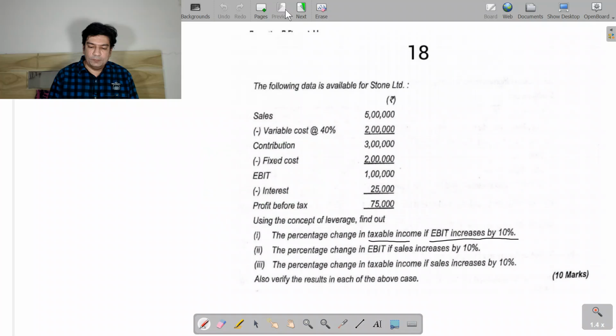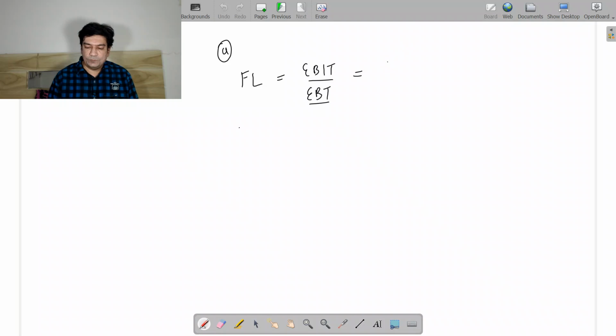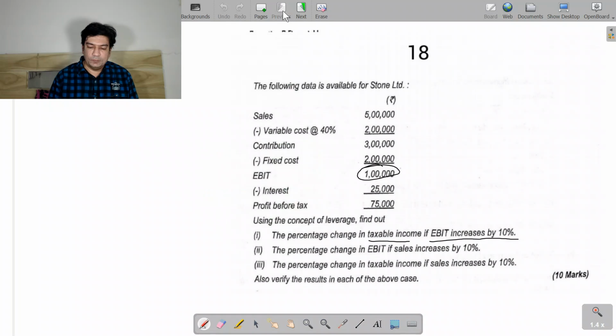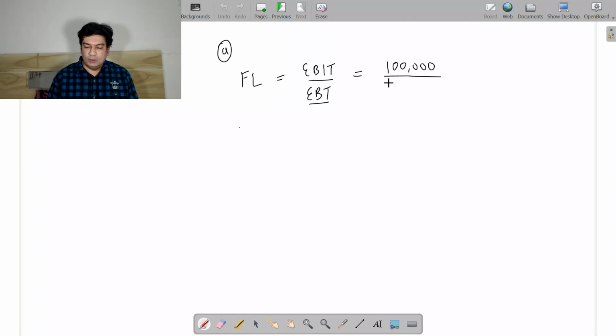EBIT is 1 lakh, and EBT, earning before tax, is 75,000. So 1 lakh, if I divide by 75,000, I'm going to get 1.333. So this is my financial leverage.